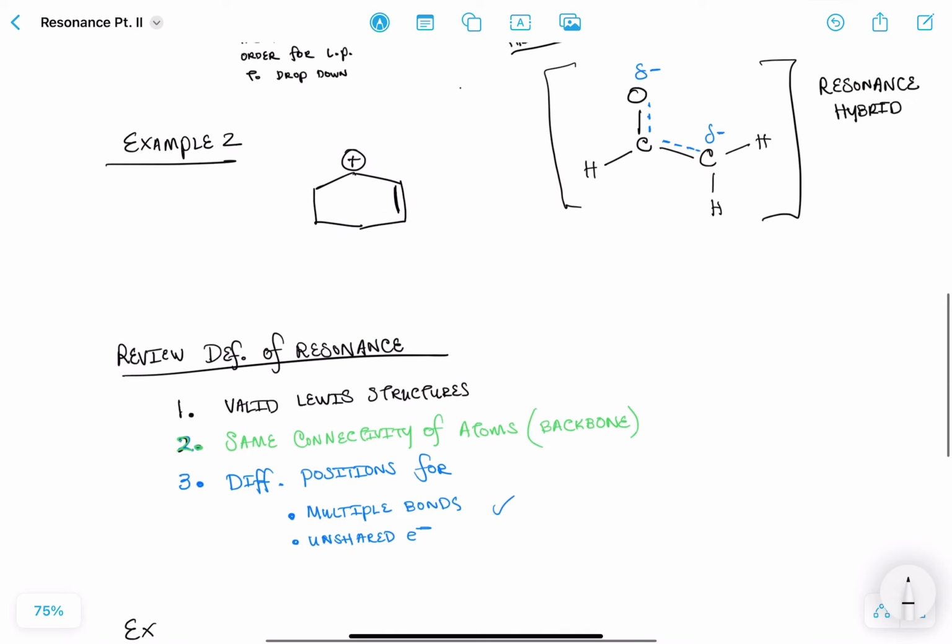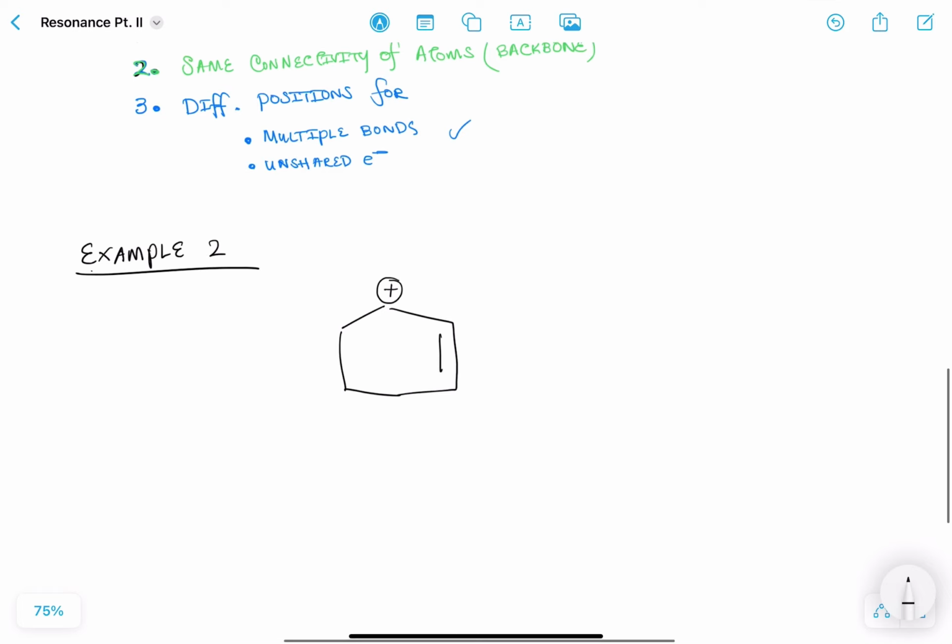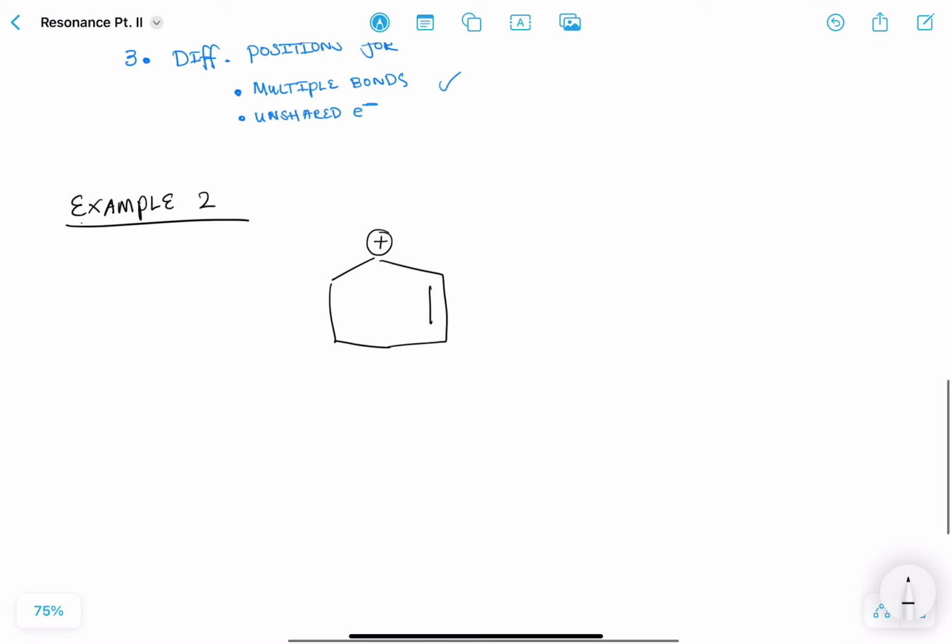So just copy it over from up here. I have a positive charge next to a double bond. And so what's going to happen here is convention is we always move electron density over. A positive charge is nothing more or less than the absence of a charge.